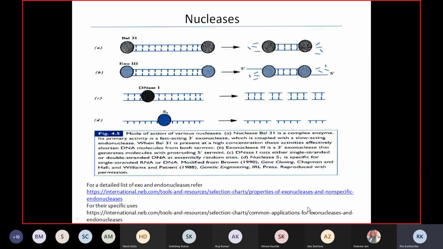Similarly, even this is not a comprehensive list. Those who are interested can, as a hobby, read the NEB brochure and keep themselves updated with the various enzymes.